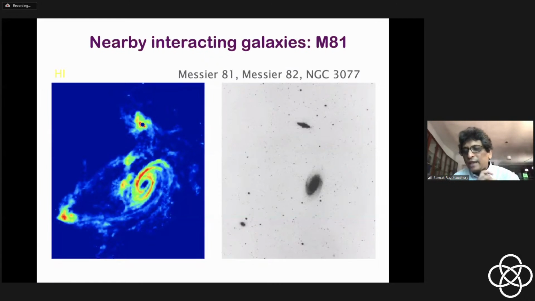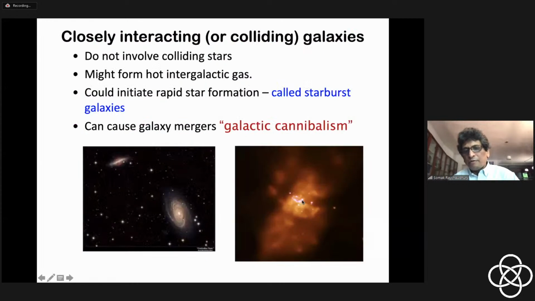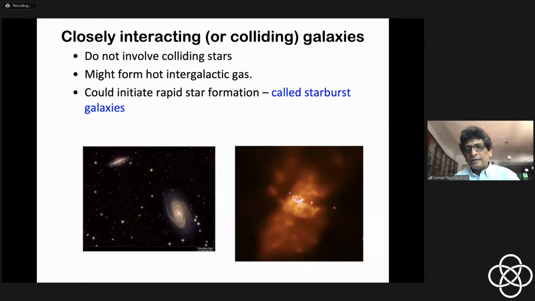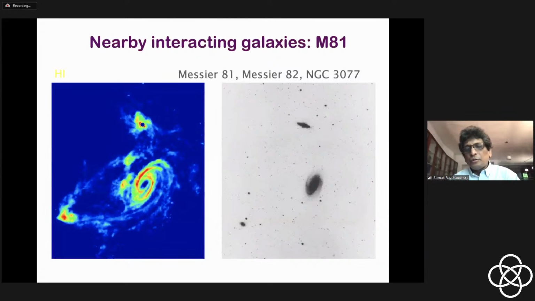If you look at the cold gas that emits radio emission, that's a radio telescope picture. And this particular galaxy, M82, which is tiny here, has one of the highest star formation rates in the universe that we know. It's a fantastic starburst galaxy. That's a picture of it, and in the H alpha filter, which actually shows the amount of star formation that's going on.